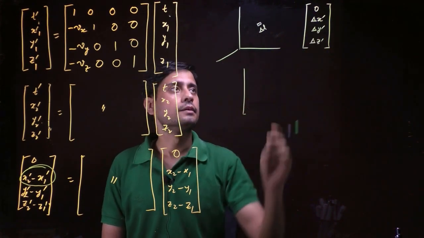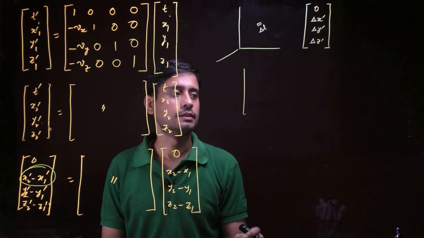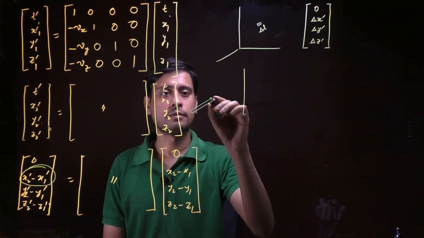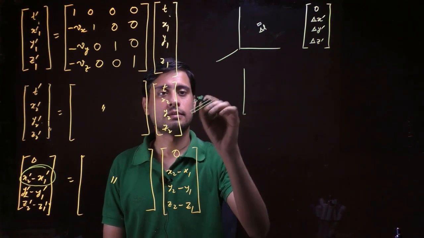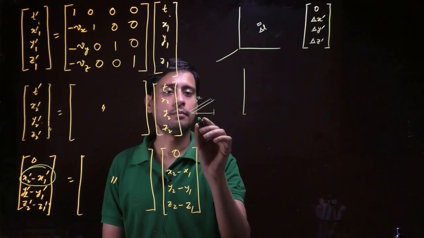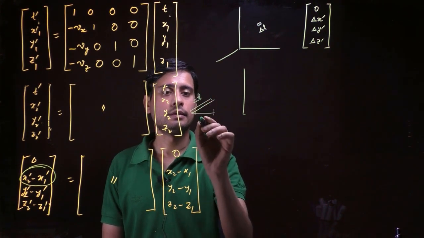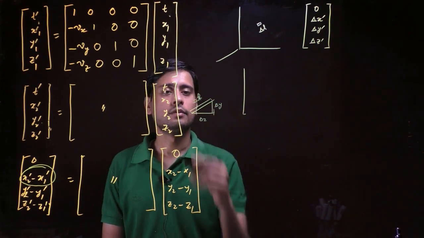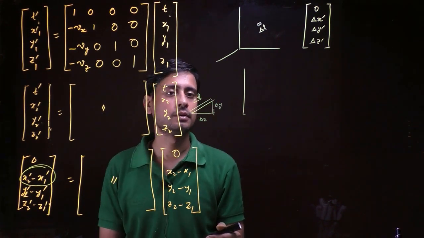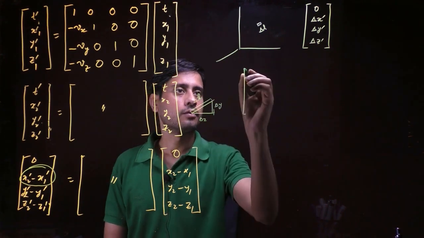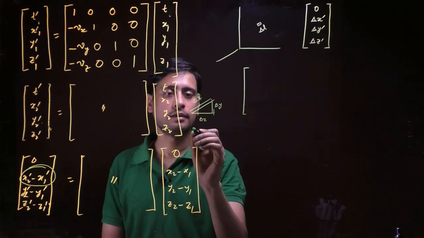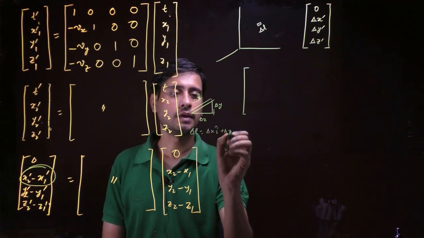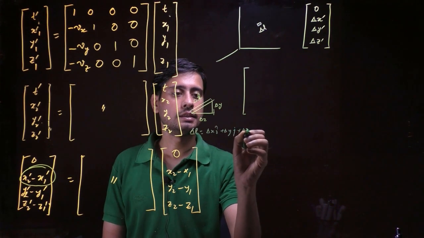Delta L has delta X, delta Y, and delta Z. Like this is the rod, delta X. So its X component will be, this is delta L, delta X. The Y component will be delta Y, and similarly the Z component is the projection along the Z axis. So you can write it in vector form as delta L equals delta X i cap plus delta Y j cap plus delta Z k cap.